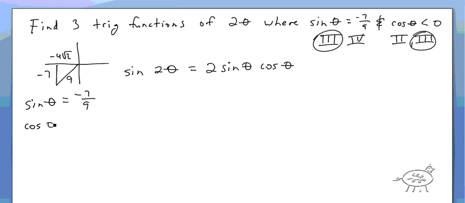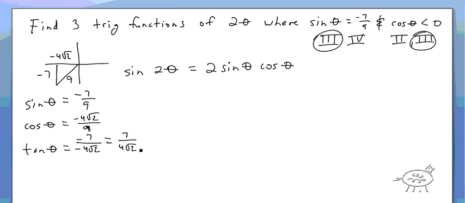Cosine of theta is just x over r, so negative 4 root 2 over 9. And tangent of theta is y over x, so it's negative 7 over negative 4 root 2, which I'm not going to rationalize yet, but it's 7 over 4 root 2.